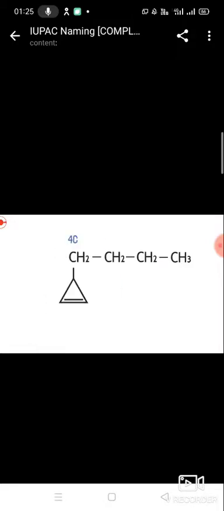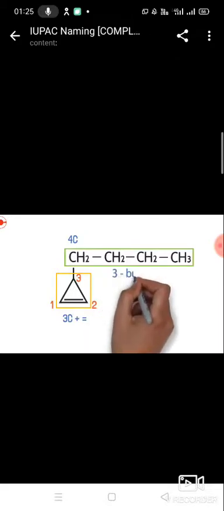Look at this example here. A cyclic ring is there and a double bond is present. So 3 carbons means cyclopropyl. In this, a double bond is present, so this is the way we have to give the number.